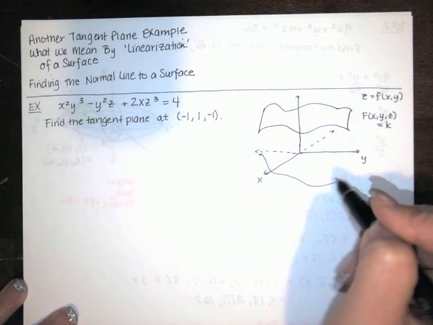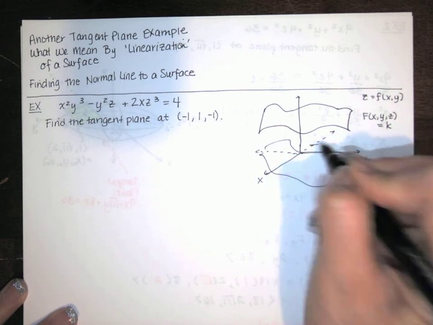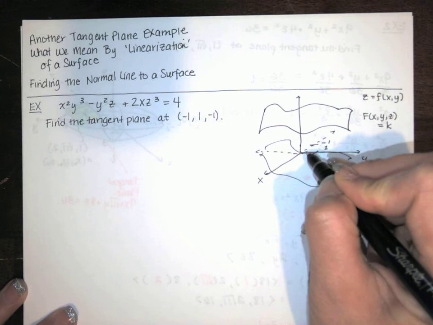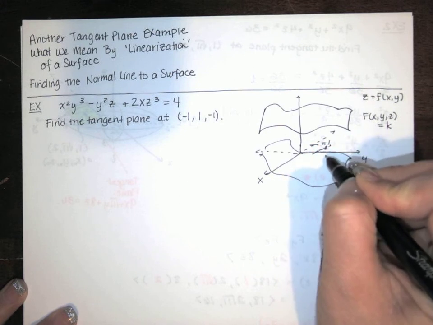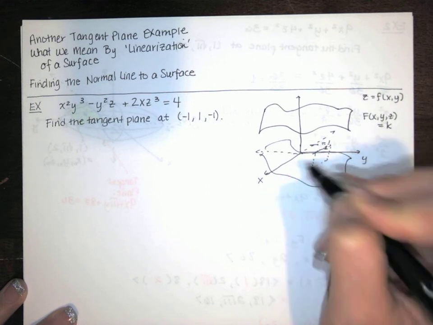So maybe let's say the surface actually exists down here. X equals -1, y equals +1, and z equals -1. So we're going to go over here, and here, and then we're going to go down 1 unit. It's a little bit hard to see.